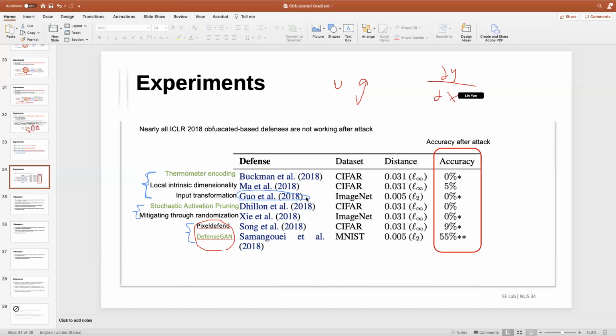The original adversary calculates the gradient, the partial derivative of y over x, but now we have a completely new x prime. But the attacker knows that you are using this defense strategy, so the attacker will add the transformation on input into their model.